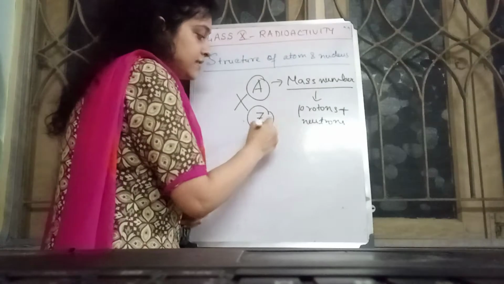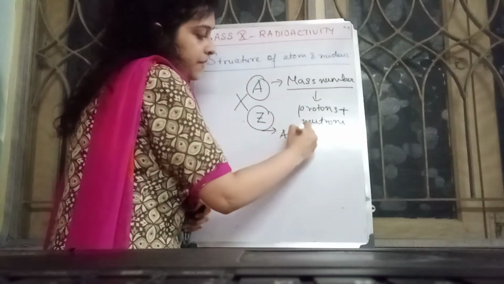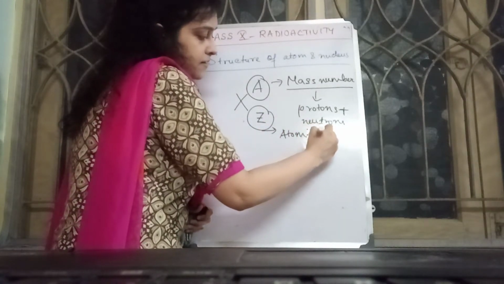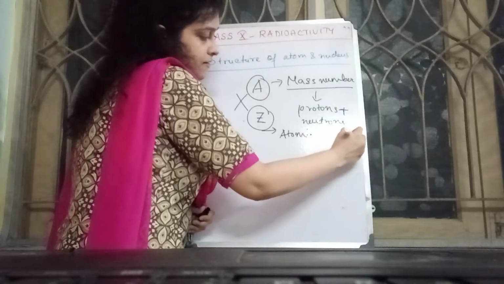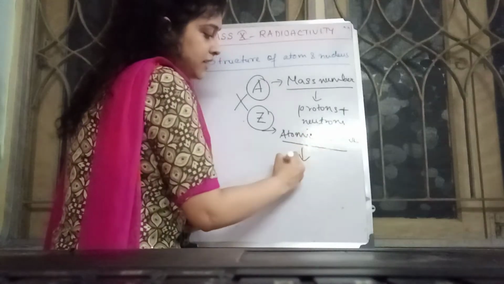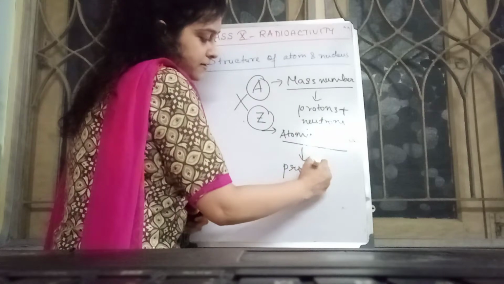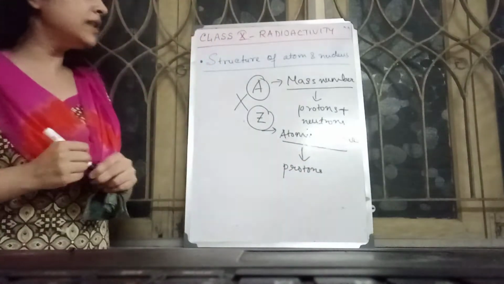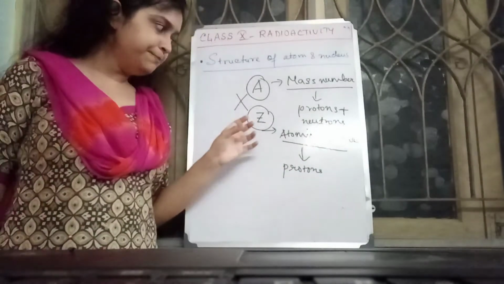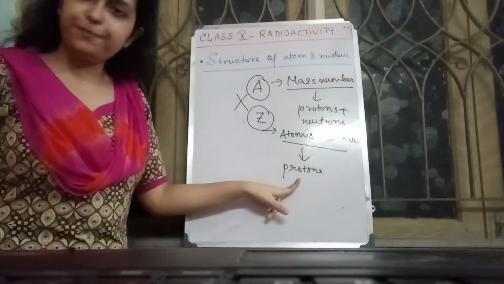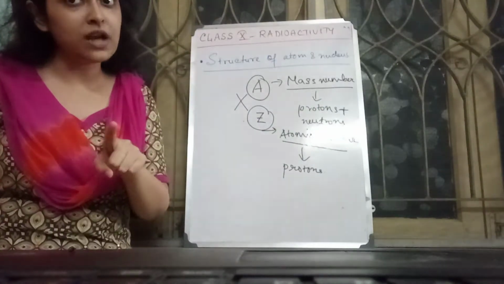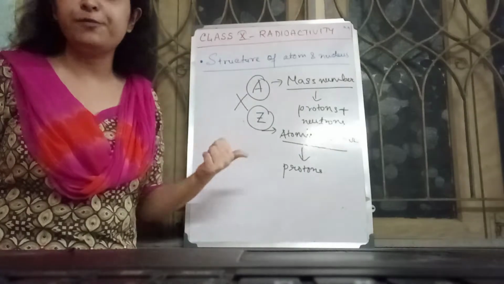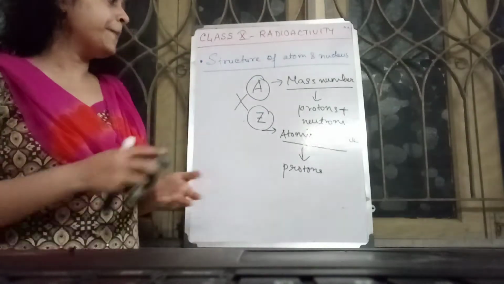What does Z denote? Z denotes the atomic number. Atomic number stands for the number of protons. That means if I know the atomic number of an atom, we know the number of protons as well as the number of electrons, because the number of protons equals the number of electrons.